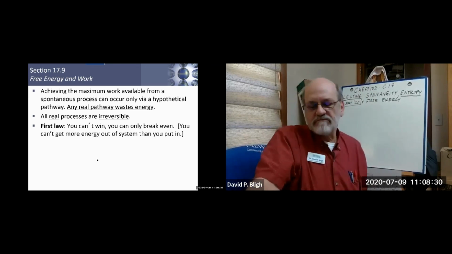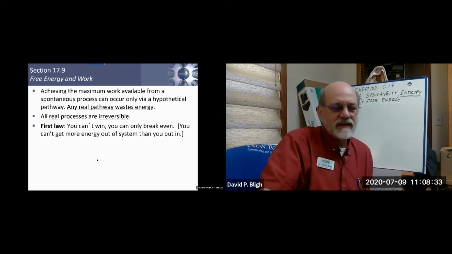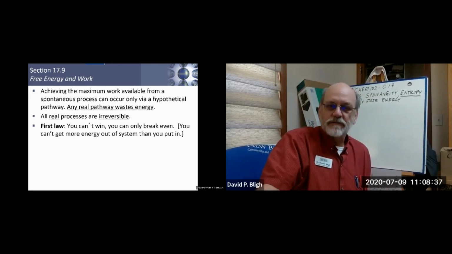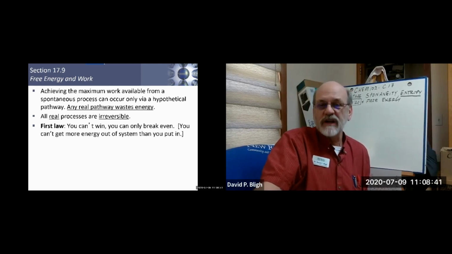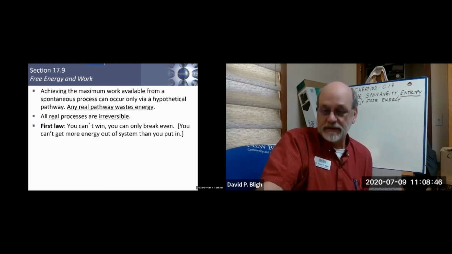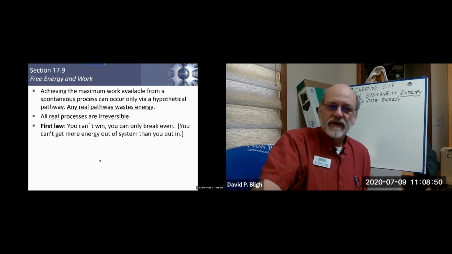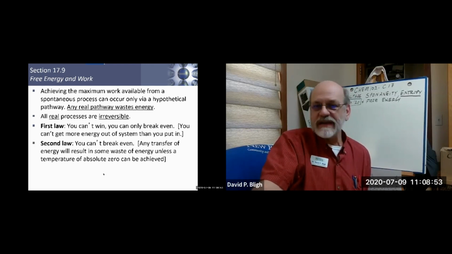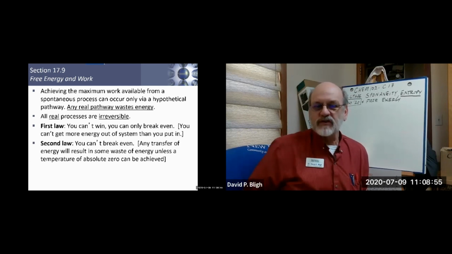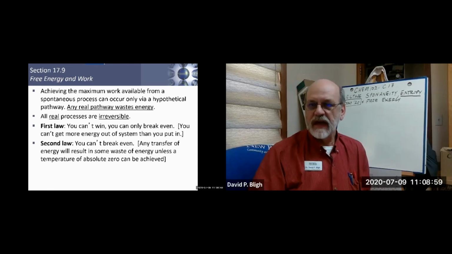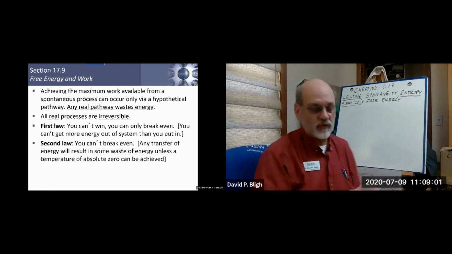These are some handy, actually funny definitions. Well, the first law of thermodynamics says you can't win. You can only break even. In other words, you can't get more energy out of the system than you put in. Conservation of energy, right? Problem is, the second law says you can't even break even, because any transfer of energy will result in some waste of the energy, in terms of an increase in entropy.